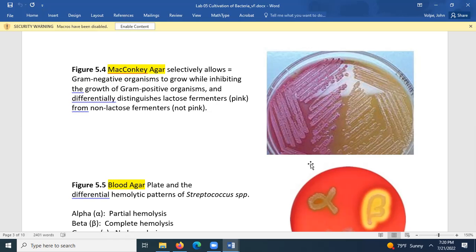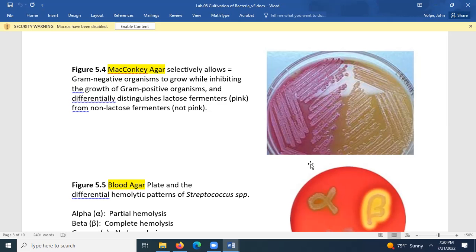The crystal violet is a stain which actually stains gram positive cells, and the crystal violet gets in the cell wall and then prevents the cells from growing. Bile salts are something that are found in the intestine where we have a lot of gram negatives. And so gram negatives, well, some gram negatives are used to growing in bile salts.